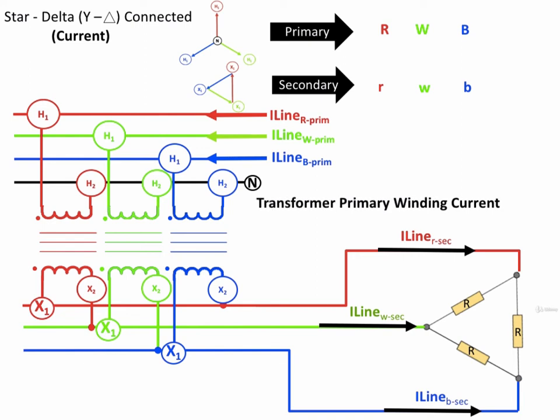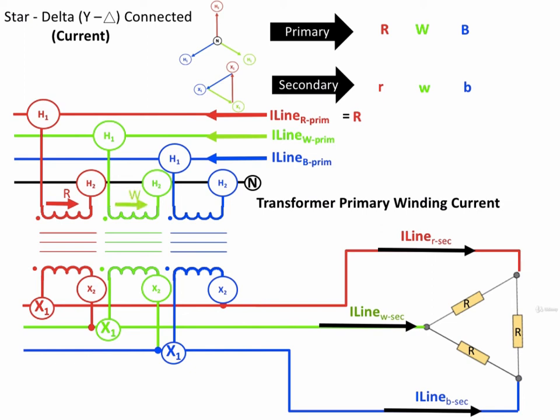The transformer primary winding current I'm going to refer to with a capital R. And the current coming in the line is going to flow down and into the spot of that red transformer. All of the current flowing through the red phase coil or winding of the transformer is going to be equal to I line R primed in a Y delta connected transformer.